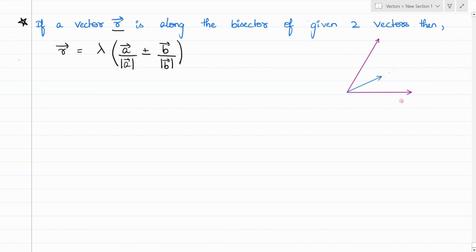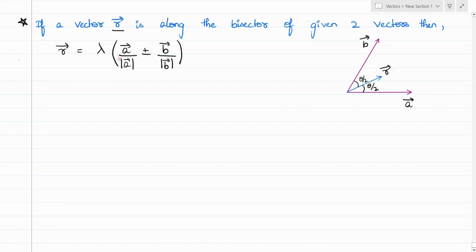See, here A be this vector and let it be B vector. And this is a vector R which bisects the A vector and B vector by theta by 2. Bisects means equal angle. So this can be written as lambda times of this.